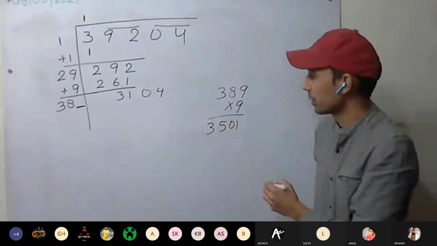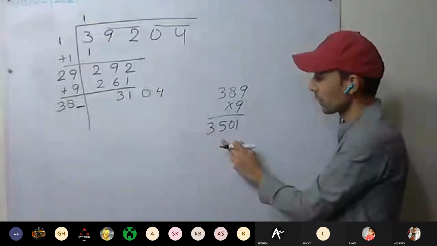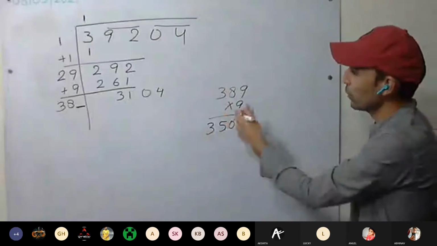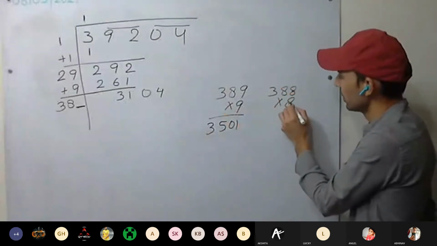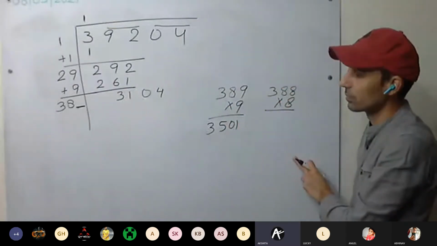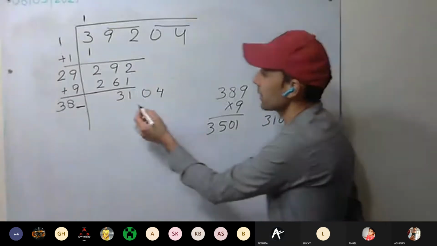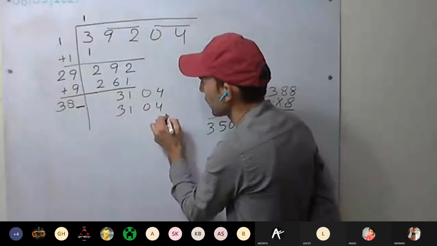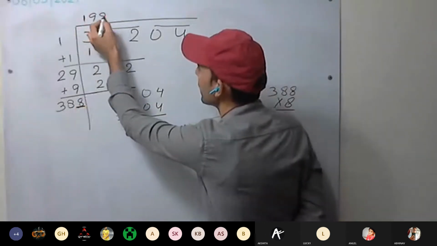Are you getting this much? Yes, sir. It is more. So in the notebook you can do it on the side. Check it for 8 now. So 3104. Okay, we forgot to write 9 and 8.